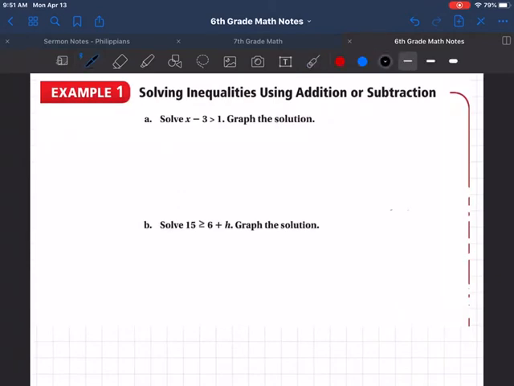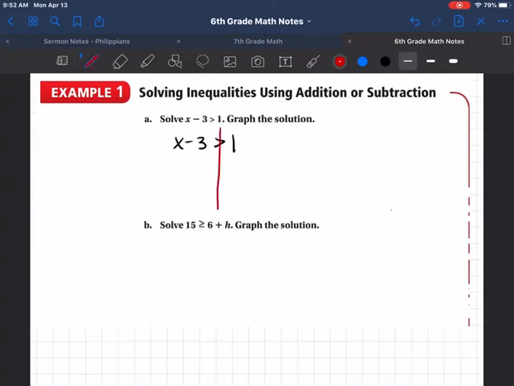This is similar to what you'll be doing in your Big Ideas. So solve this inequality, and remember that's why it's an inequality and not an equation. And then graph. So let's do this. Rewrite the problem: x minus 3 greater than 1.